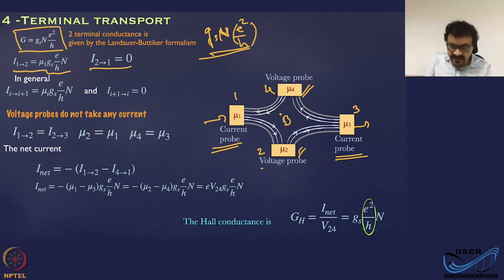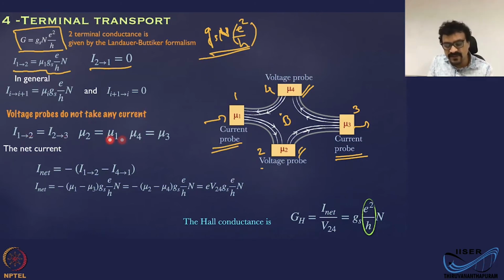So in general, what I can write is that from probe i to probe i+1 the current is this quantity, but the reverse, i+1 to i, is 0, if you number the probes cyclically in this order. And as I told, the voltage probes do not take any current.